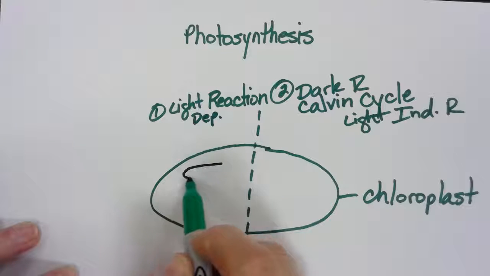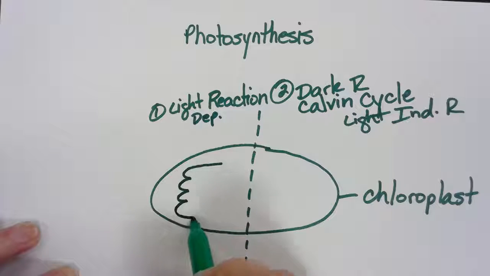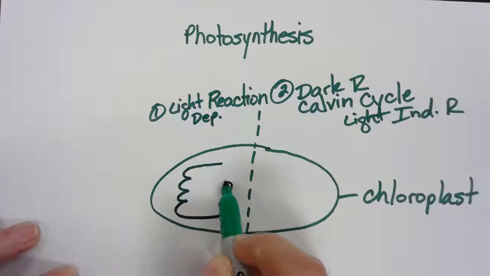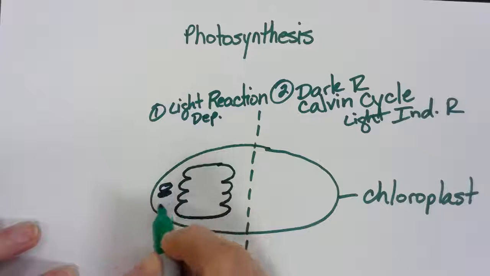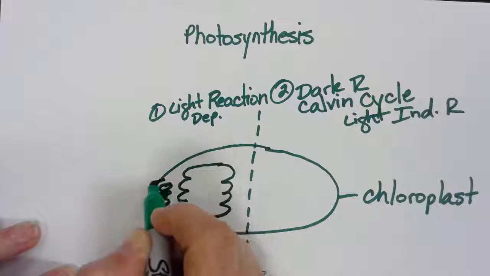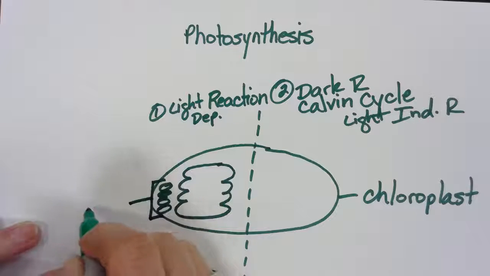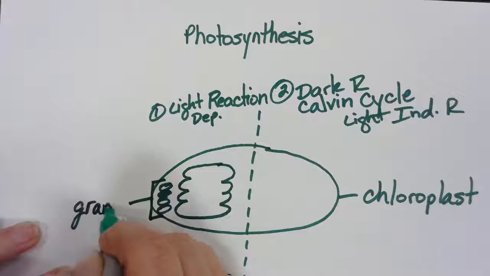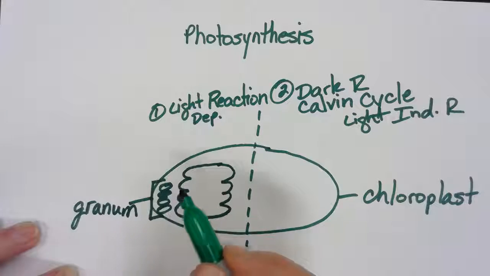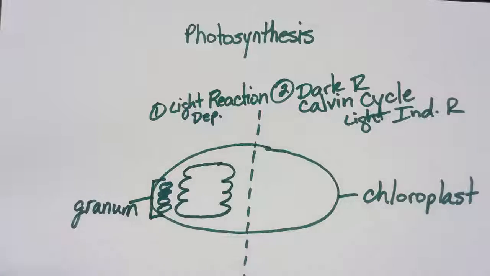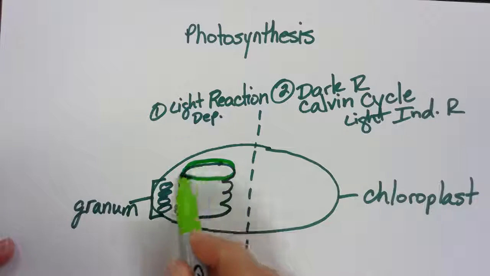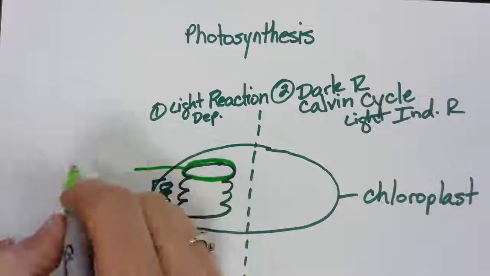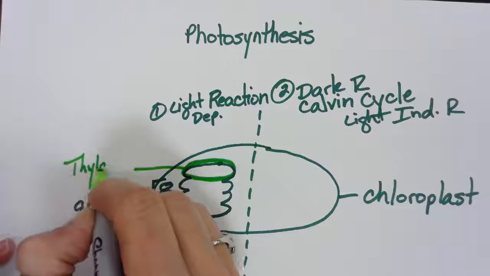Here is our inside workings of a chloroplast. Okay, if you recall, we did this in class, and a stack of those things are called the granum. Okay, and then just one sac is going to be called a thylakoid.